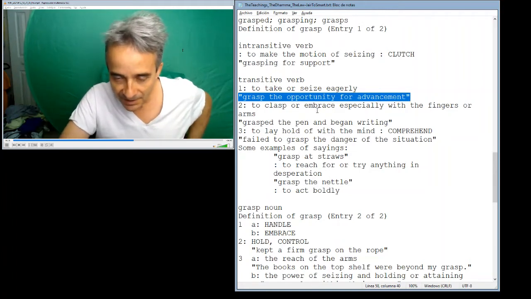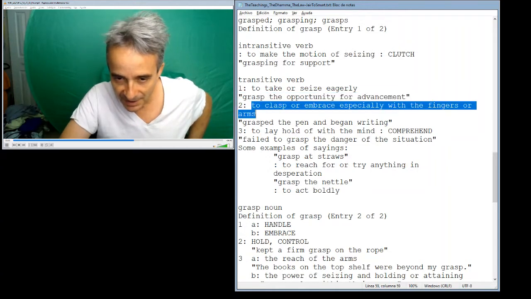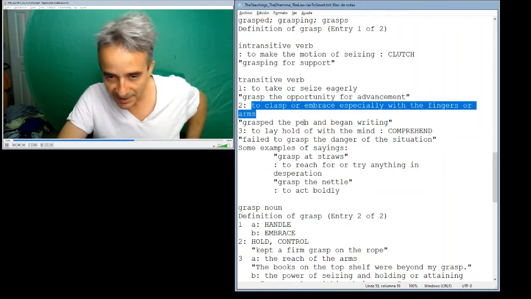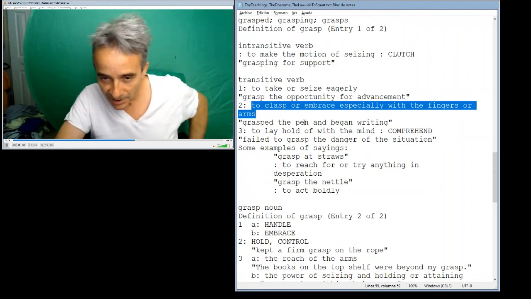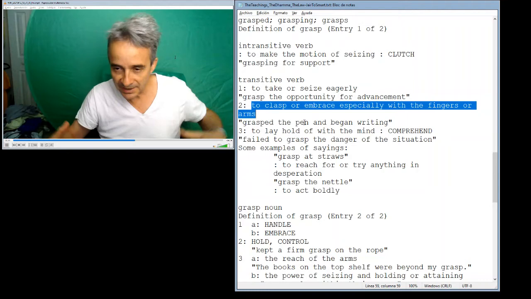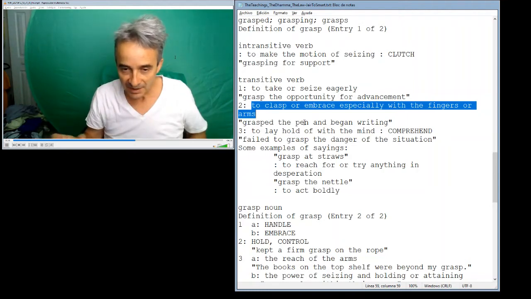Another definition for grasp as a transitive verb would be to clasp or embrace, especially with the fingers or arms. Grasped the pen and began writing.